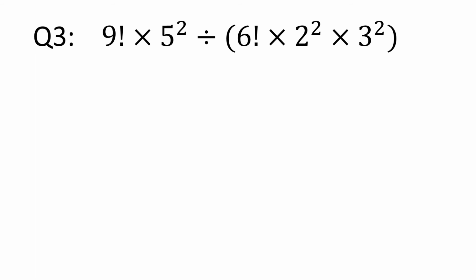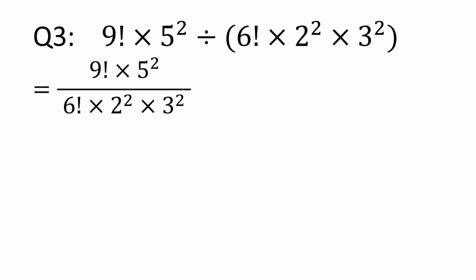9 factorial times 5 squared divided by 6 factorial times 2 squared times 3 squared. Division can be changed to a fraction, so it will be 9 factorial times 5 squared over 6 factorial times 2 squared times 3 squared.